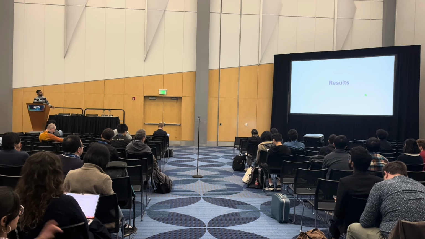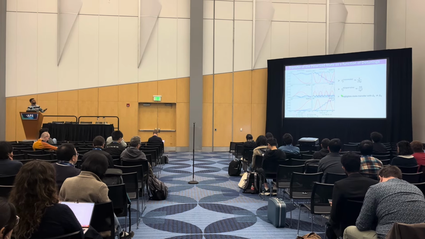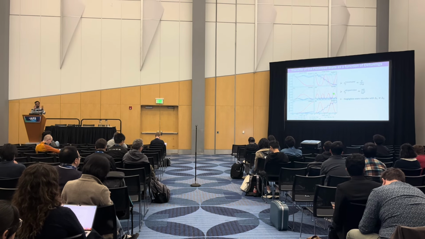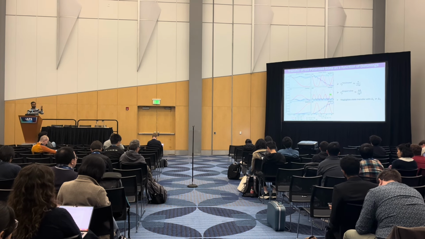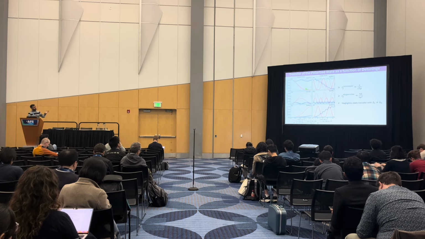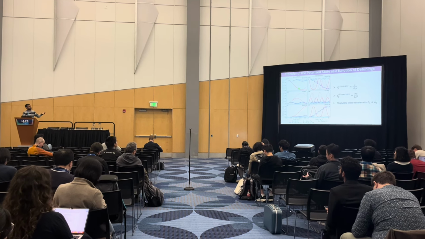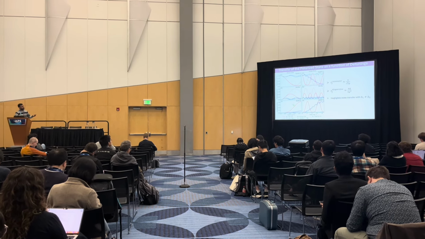So we move on to results, and first we look at the efficiency of the state transfer process as a function of the qubit detuning. That's essentially the difference in frequencies between the qubits and the cavity. On the left panel we have the short-term dynamics, and on the right panel we have the long-term dynamics. At the top we have the occupation of qubit 1, the cavity, and then qubit 2.